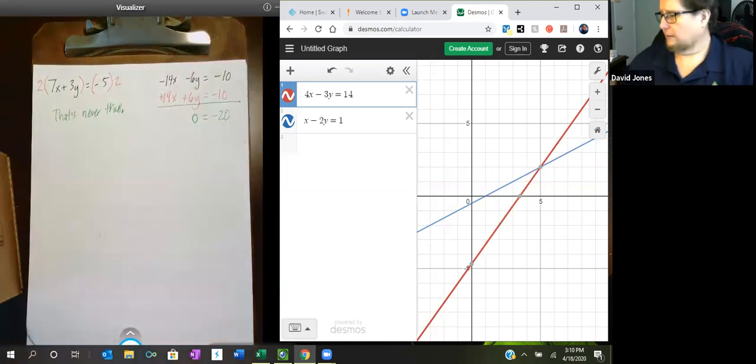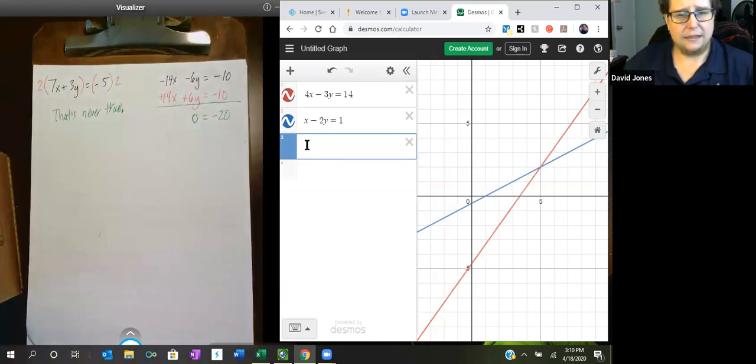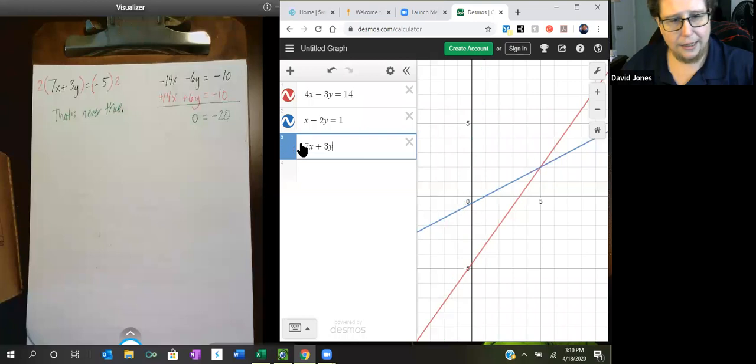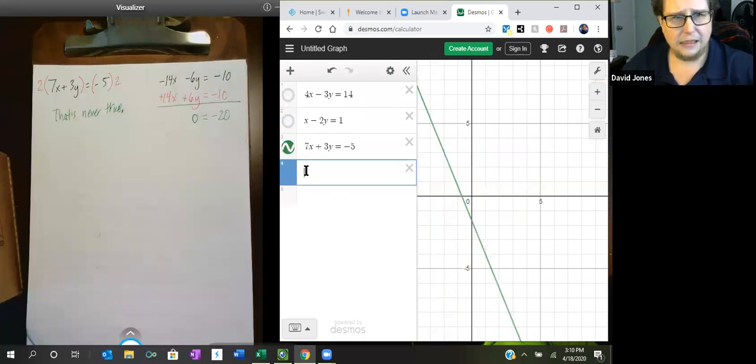What's going on here? Let's edit our equation, make some new lines here. 7x plus 3y equals negative 5. And negative 14x minus 6y equals negative 10.